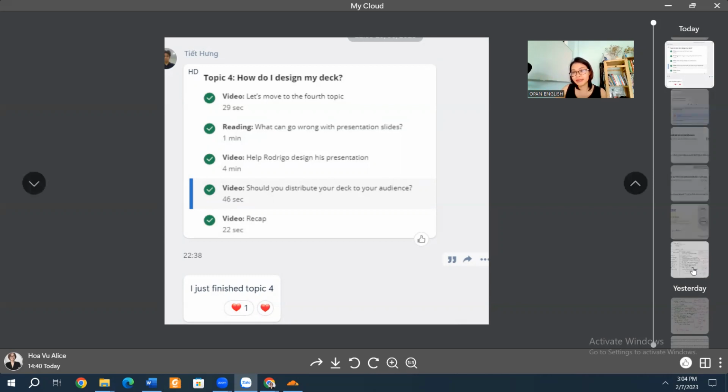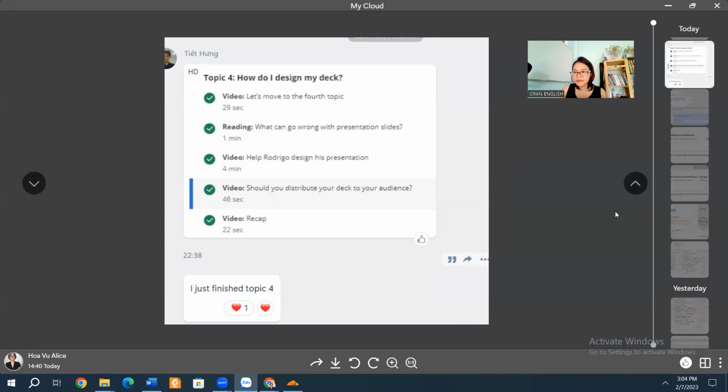So this is easy for me to check my students' progress. They just finish, take a picture of their progress, and message me. So it's easy to check the students' progress.